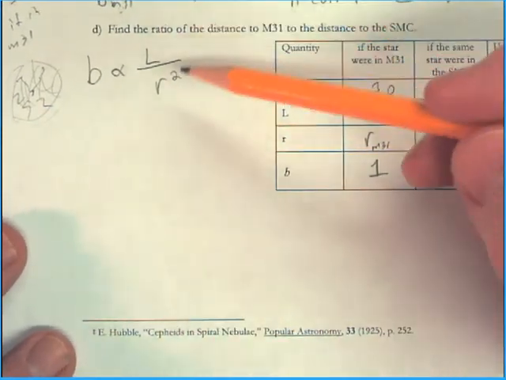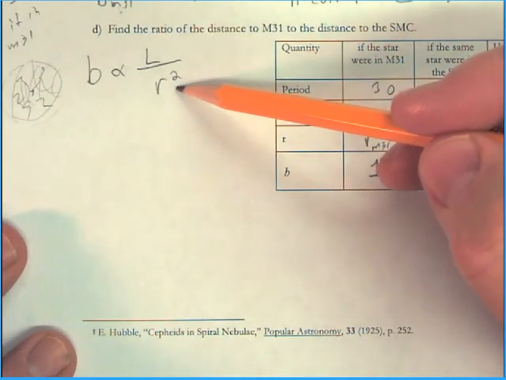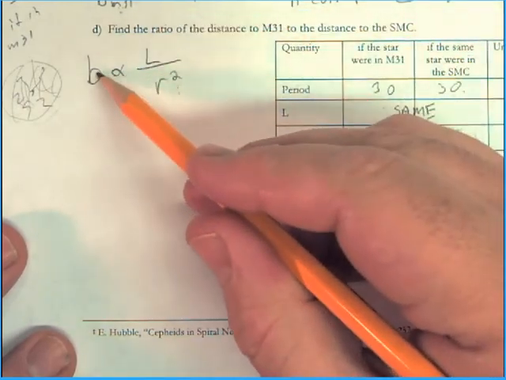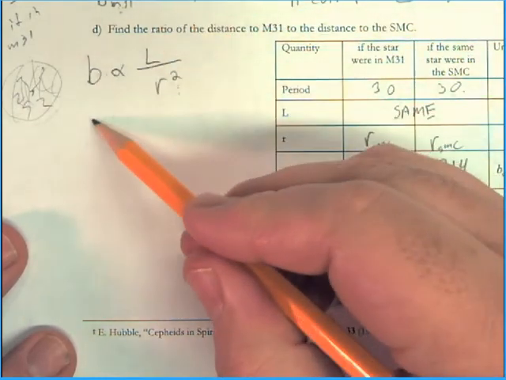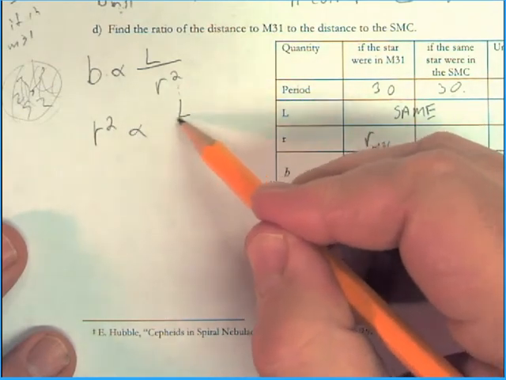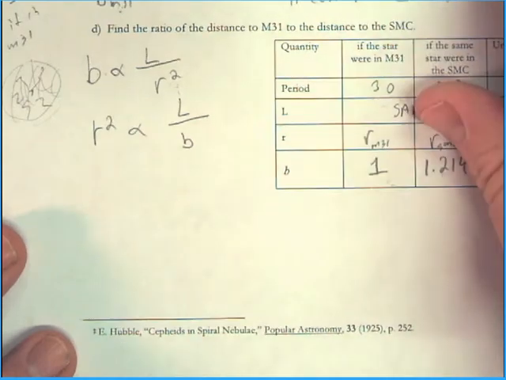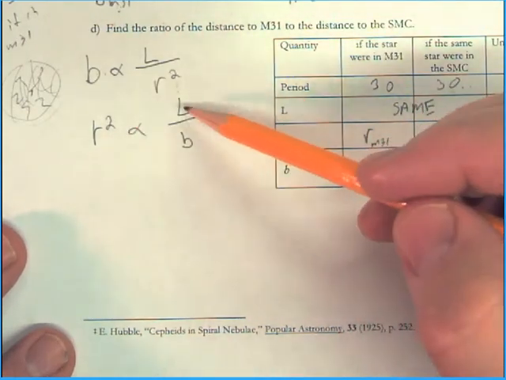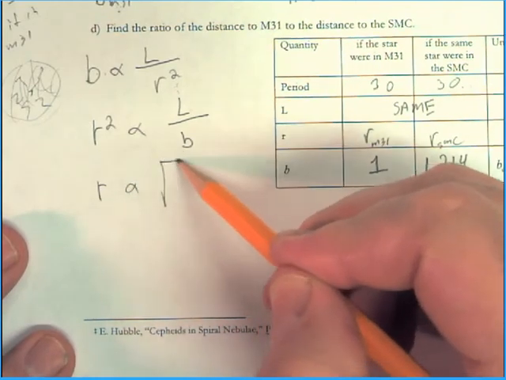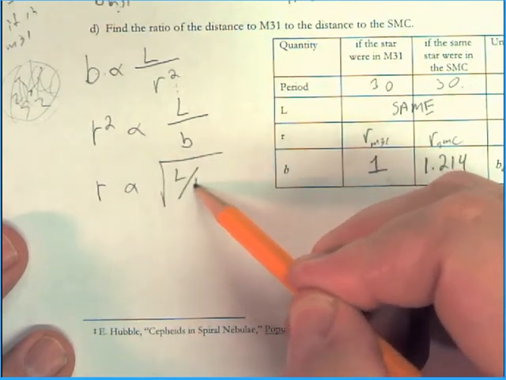And then recall, we solve for the distance by multiplying both sides by the distance squared and dividing both sides by the brightness. So we got r squared is proportional to the luminosity over the brightness. And then we took the square root of both sides, and we got r is proportional to the square root of the luminosity over the brightness.